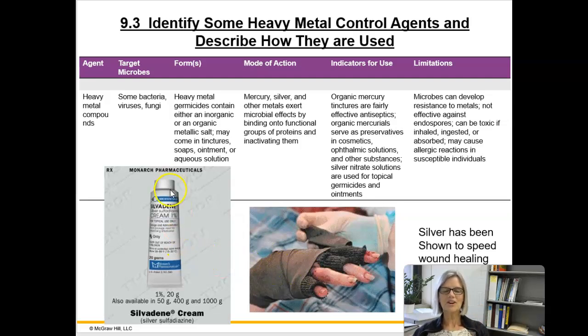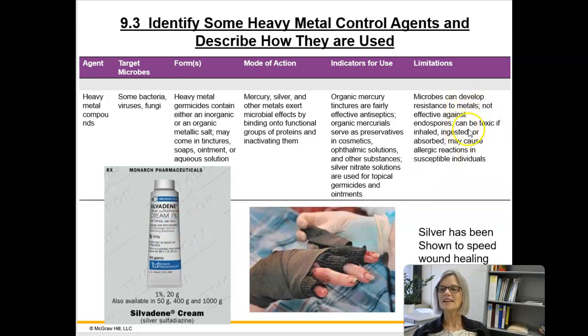And here's another one that's called Silvadene cream. Again, it's really common to use for burns or wounds that resemble burns, like brush burns. One of the main reasons why Silvadene and silver is being used a lot more on burns is it has been shown to speed wound healing. We said in the previous video that hydrogen peroxide has been shown to slow wound healing, but silver has actually been shown to speed wound healing, and so it is being used topically.